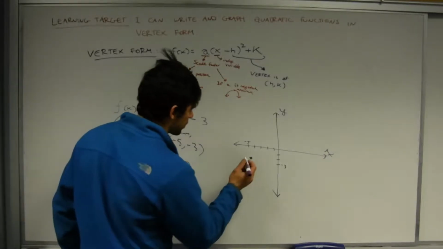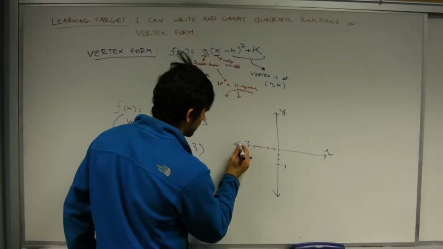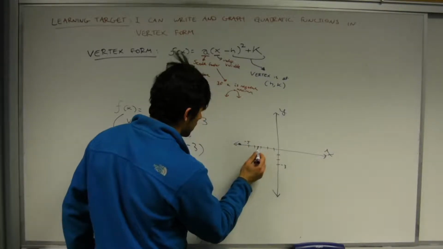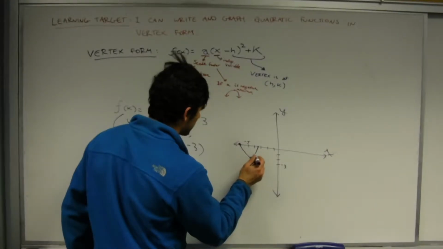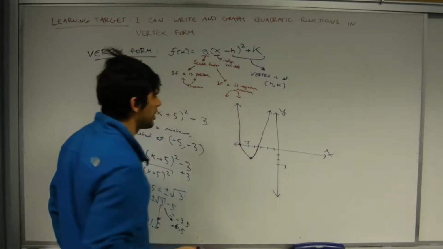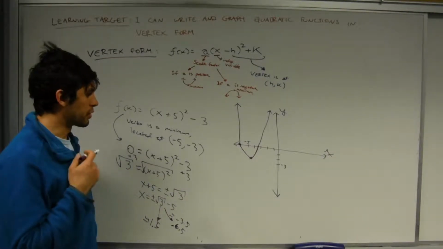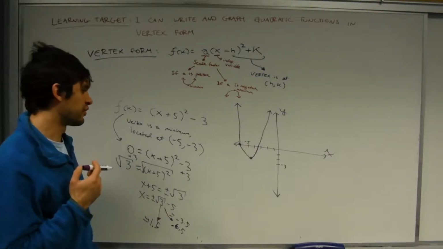So we have -3.5 and -6.5, and our graph is going to look something like this. And that would be how you graph a quadratic equation in vertex form.